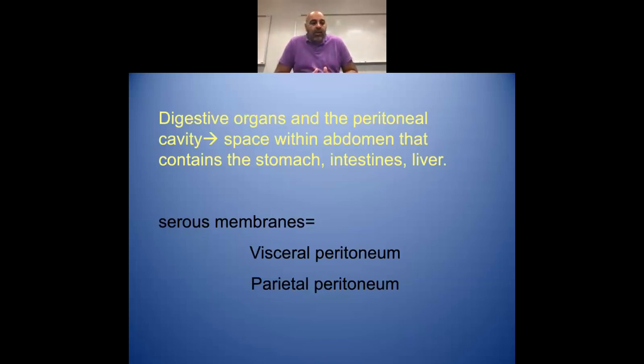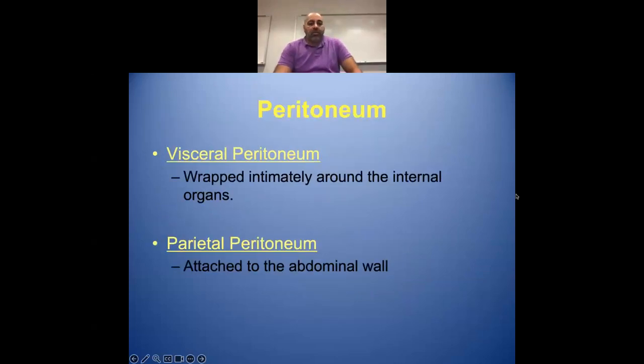Okay. It also, if you look at it from an infection side of things, compartmentalizes the different areas. So say you rupture your colon, that infection doesn't migrate into your CNS immediately. It takes time for it to spread through the body. It slows things down, gives us more of a fighting chance. So visceral peritoneum, like I mentioned, is attached to the organs, and parietal peritoneum is attached to the abdominal wall or outer wall.